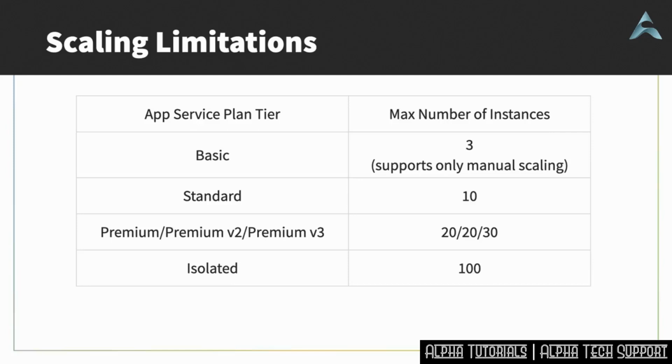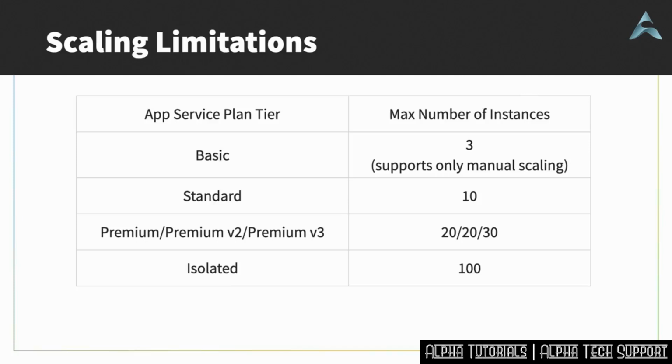For example, as you can see in this table, Basic only supports 3, and this does not support auto scaling. So like I say here in the table, this is only for manual scaling. When it comes to the Standard tier, you can get up to 10 instances. And this one already supports auto scaling as well as manual scaling.